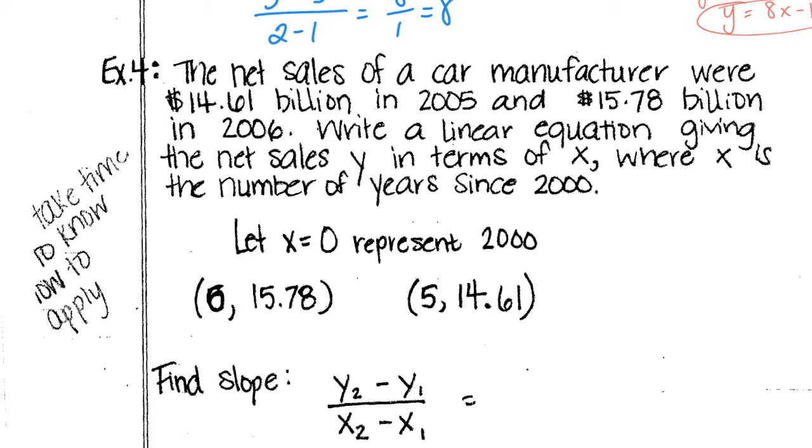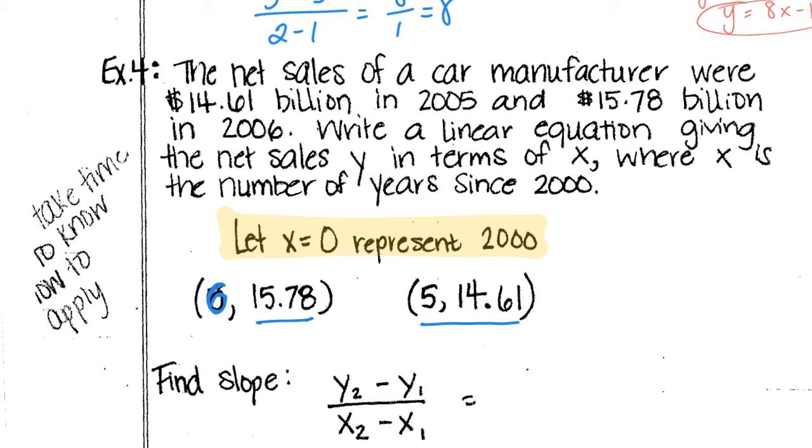They're saying, hey, we're going to let x equals 0 represent the year 2000. So even if you can't see my chicken scratch, this is saying that the number 6 is going to be like 2006, where the sales were $15.78 billion. And the next one is in 2005. So we're just using 6 and 5 instead of 2005 and 2006.